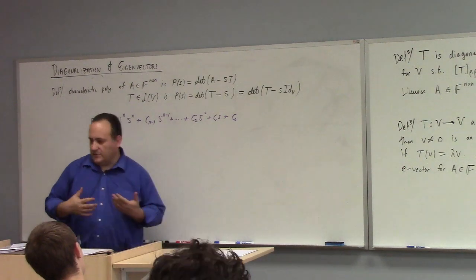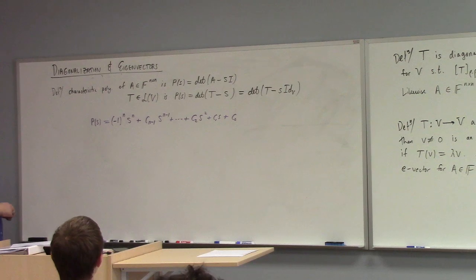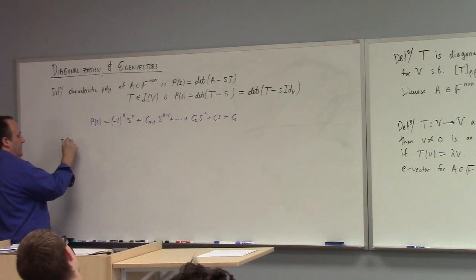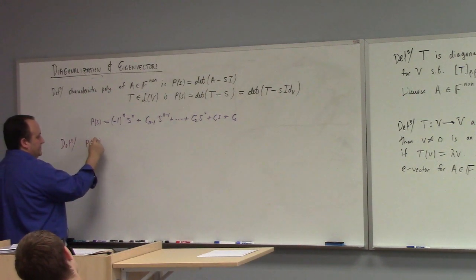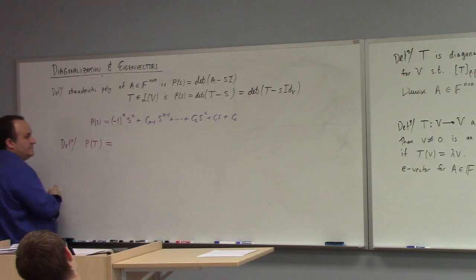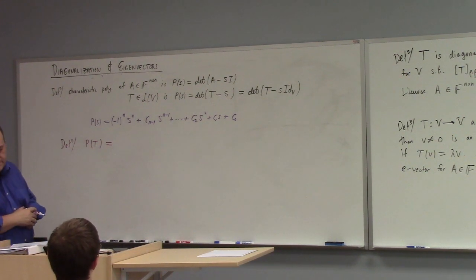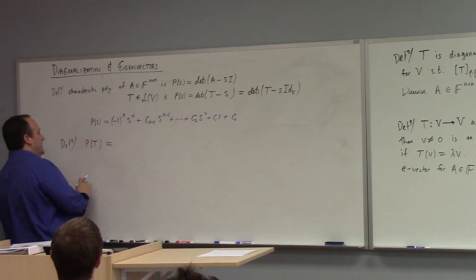One of the things we're going to do, which is probably new to this course, is define P of a linear transformation. So what should that mean? Let me divorce it from the thing right above it.